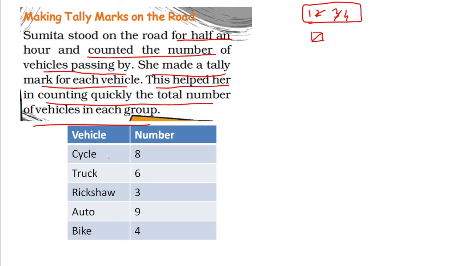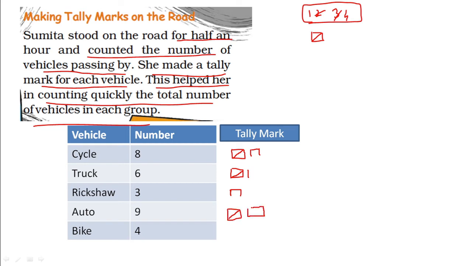She saw 8 cycles. So how to represent this with tally marks? Yes, 8 is 5, 6, 7, 8, 5 plus 3, 8. How to represent 6? 5, 5 plus 1, 6. 3, simply 3. 9, 5 like this, and 4, 9 by 4.